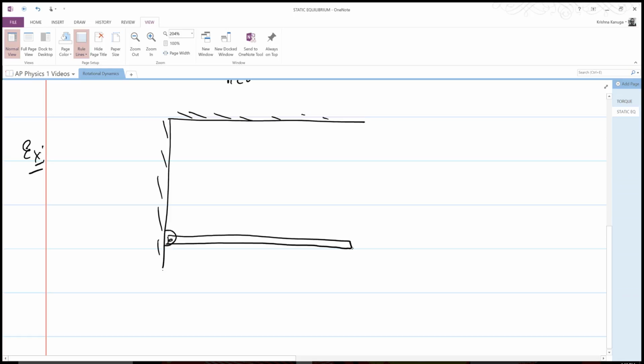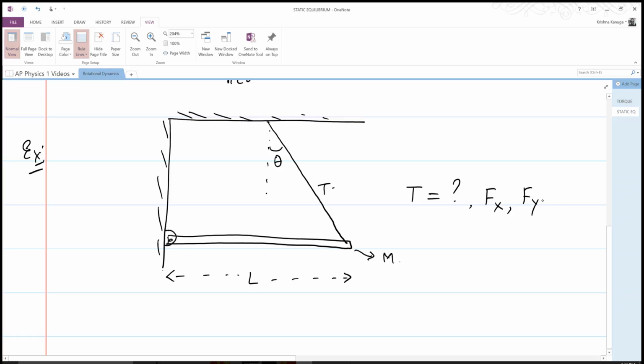The mass of this bar is m, and the length of this bar is L. Let us say that we have a string that points in this direction, and it makes an angle theta with the vertical. Our goal is to calculate a few things. We want to know the tension in this string, and then we also want to find the horizontal and vertical forces at the hinge.